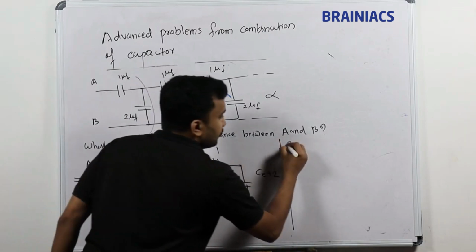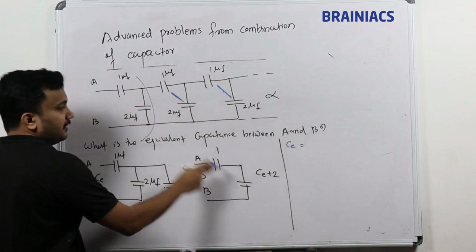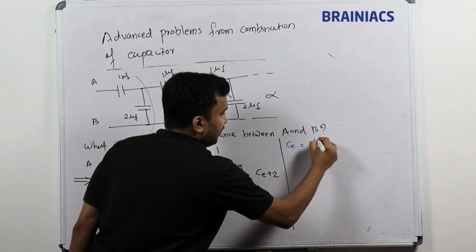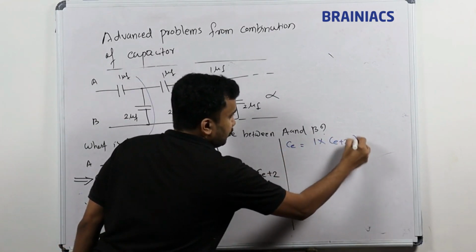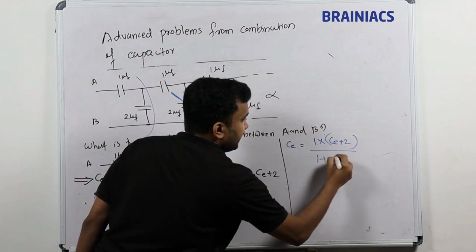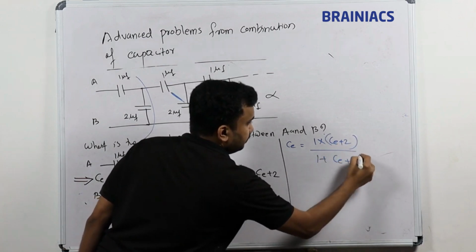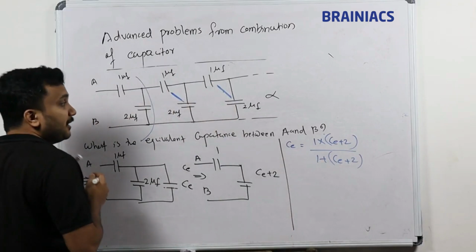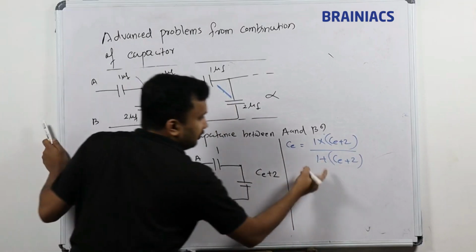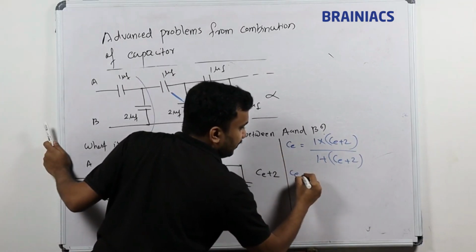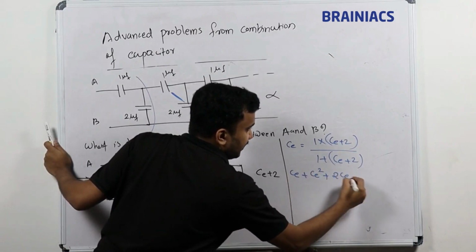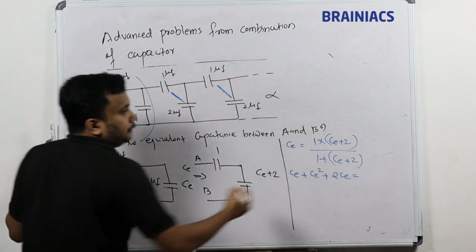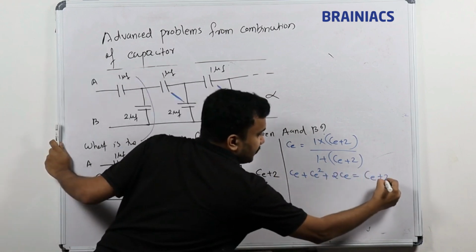We will solve it. C equivalent is equal to C1 C2 divided by C1 plus C2. C1 is 1, C2 is this one. So C equivalent equals 1 times C equivalent plus 2, divided by 1 plus C equivalent plus 2. We'll simplify this part by multiplying across. So C equivalent plus C equivalent square plus 2 C equivalent is equal to C equivalent plus 2.